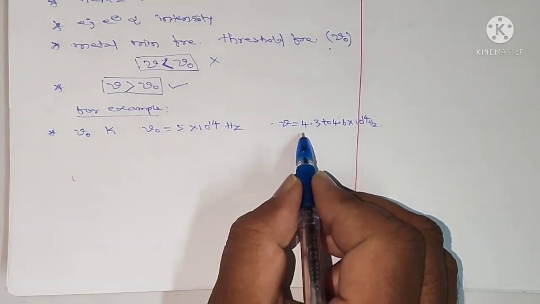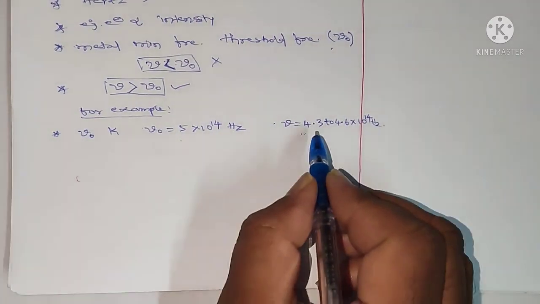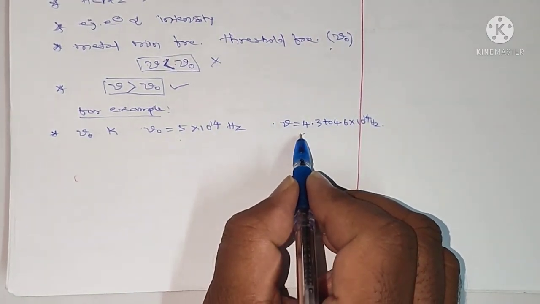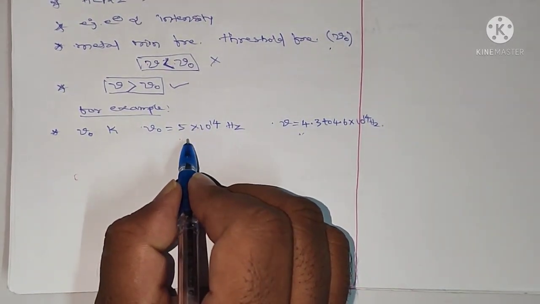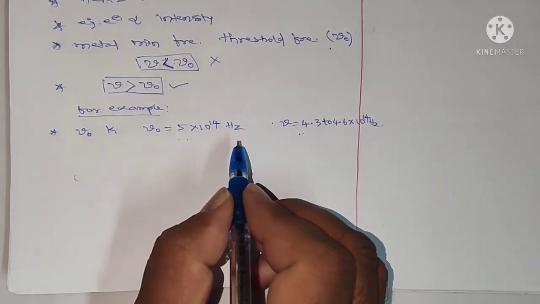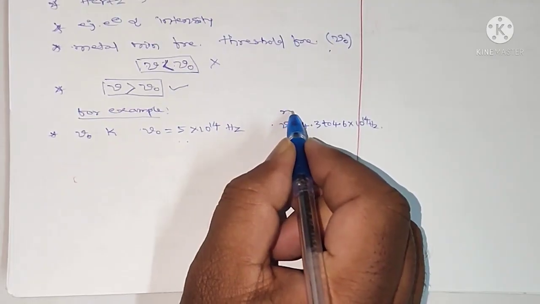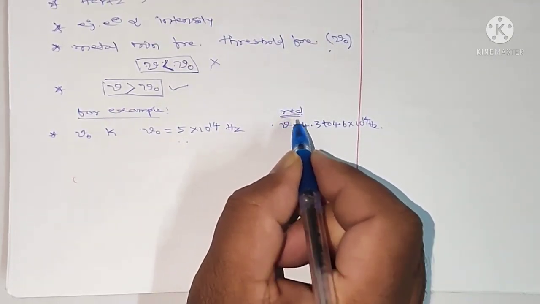This is the incident light frequency and this one is the threshold frequency. So the incident light frequency is less than the threshold frequency. Then electrons are not ejected.